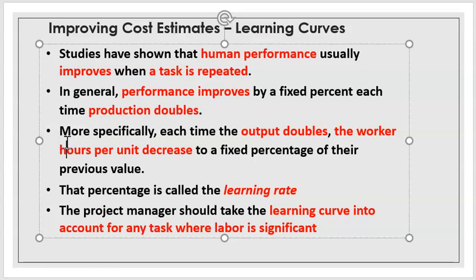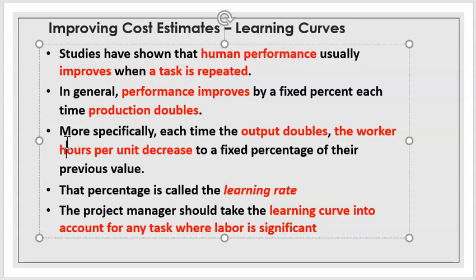Now we look into improving cost estimation using the learning curve. Studies have shown that human performance improves when tasks are repeated. If one task is being done twice, the performance will be improved by a certain percentage.